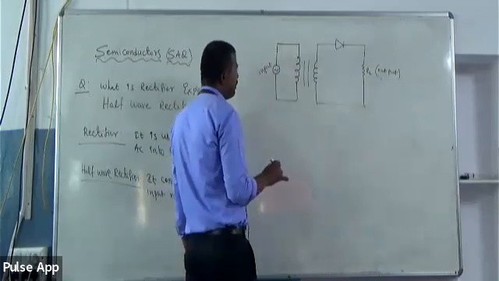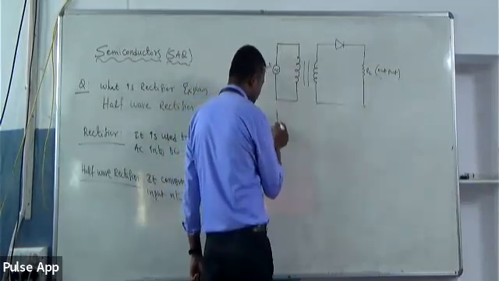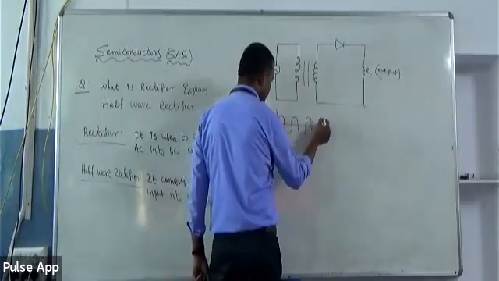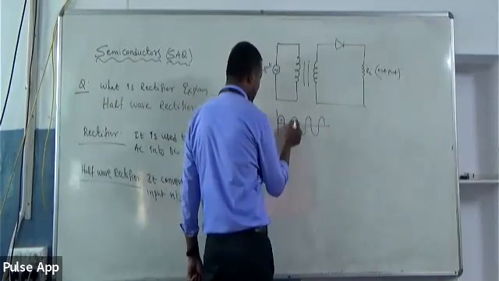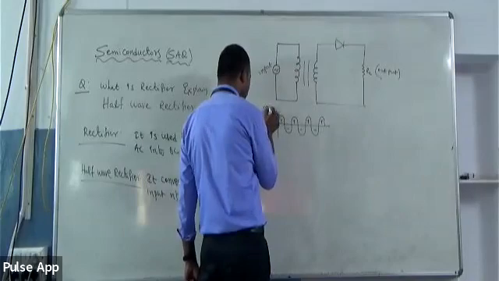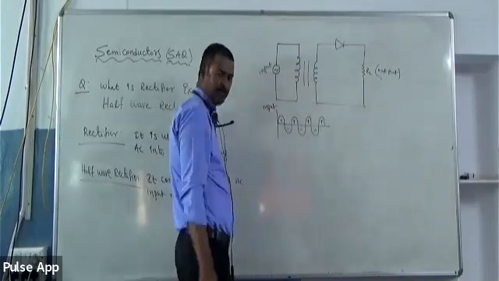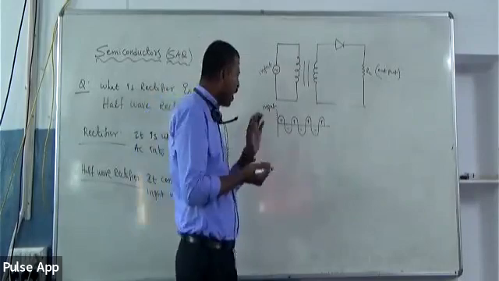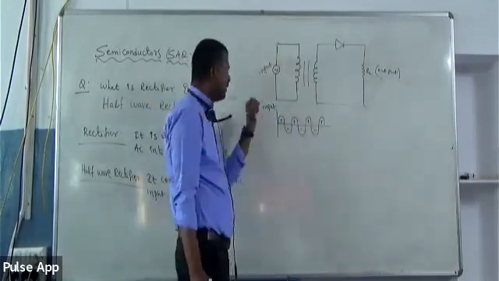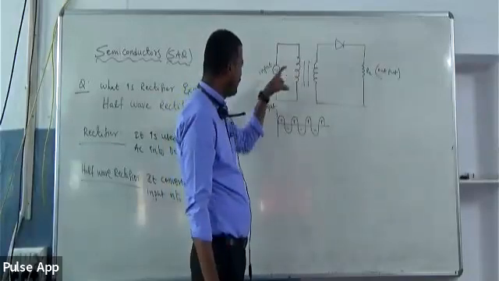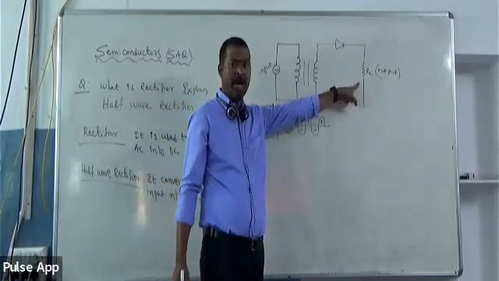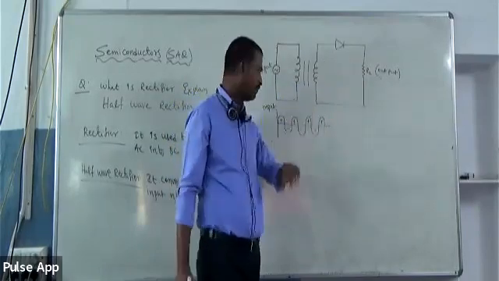The input we supply is alternating, plus, minus, plus, minus. Then how does it convert into output? The circuit is the input source, transformer and diode, and output across the load resistor RL.